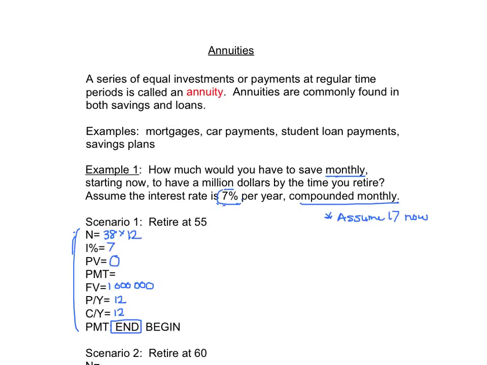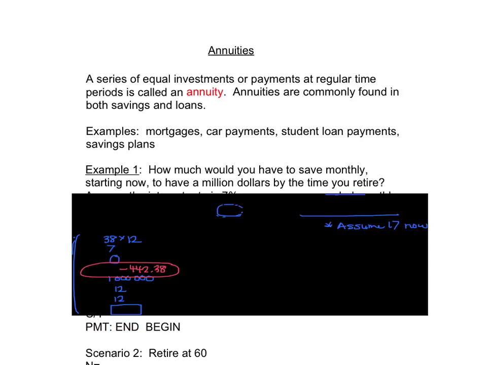Okay, once you've entered all of those values, scroll up to payment once again and press alpha, enter. And we should see a payment of $442.38, meaning we would have to save $442.38 monthly starting now until we're 55.